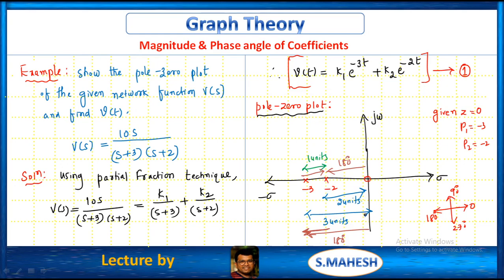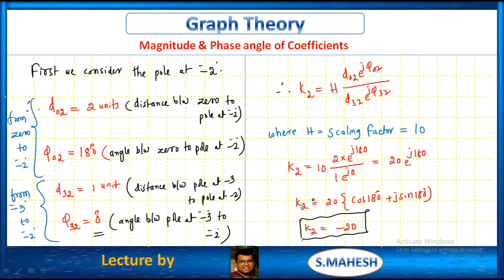Like that, from 0 to minus 3, 3 units of distance, and the angle is 180 degrees. But 523 is always the same as the orientation from 0 to minus 3. So 0 degrees plus 180 degrees, the resultant is 180 degrees.